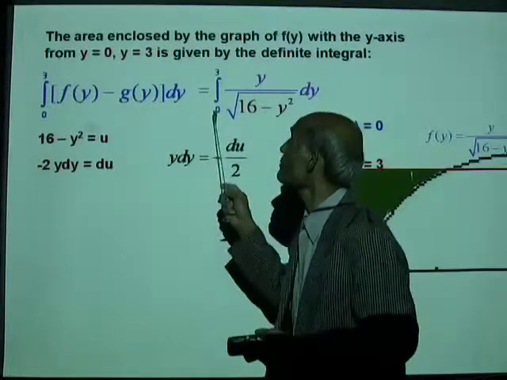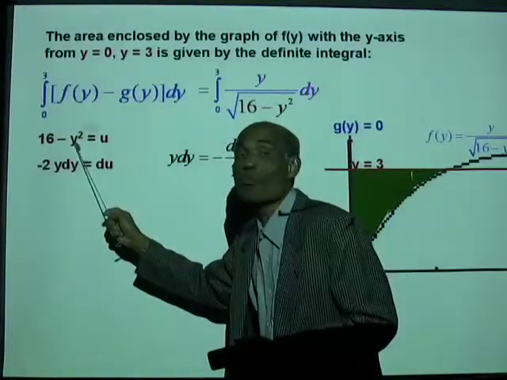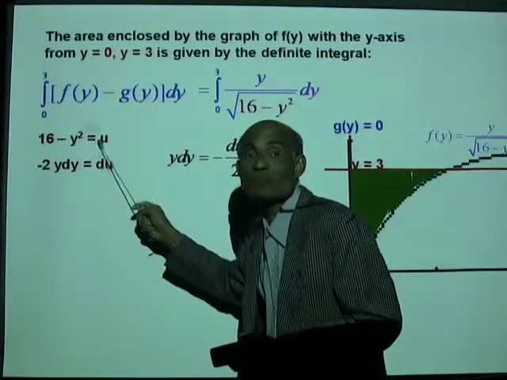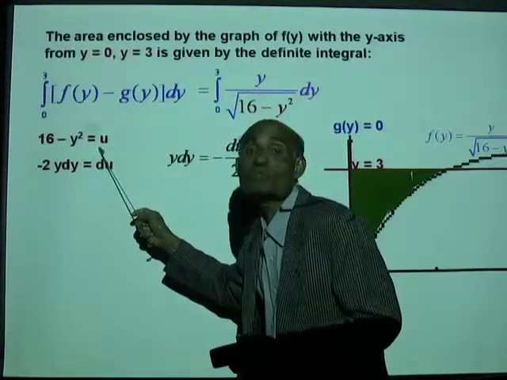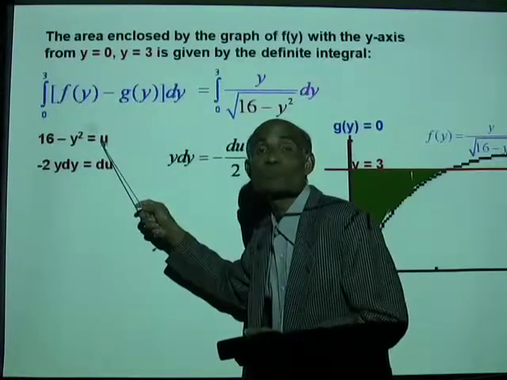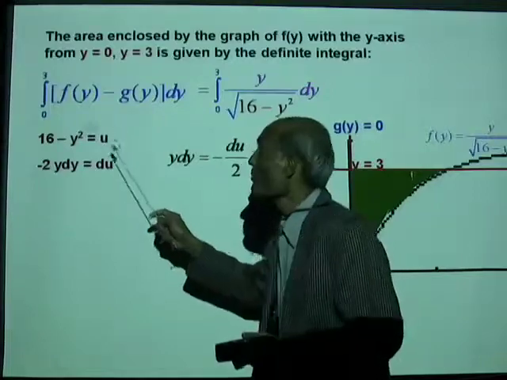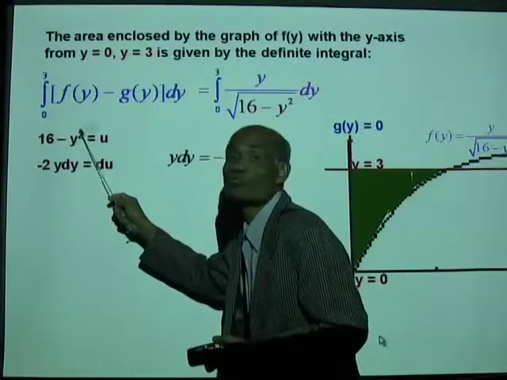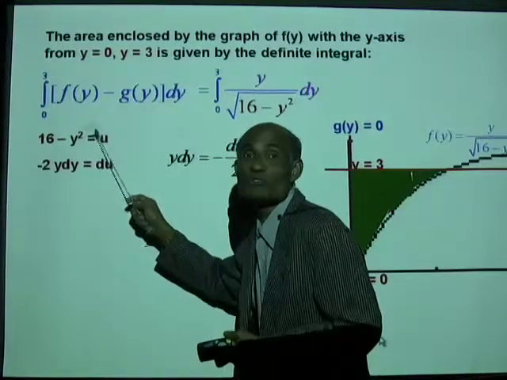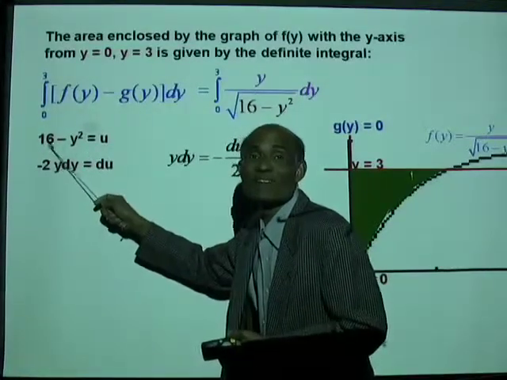We also need to deal with the limits. The limits 0 to 3 are given for this y. But because 16 minus y squared has been now replaced by u, we need to replace these limits in terms of u. For example, when y equal to 0, u equal to 16.